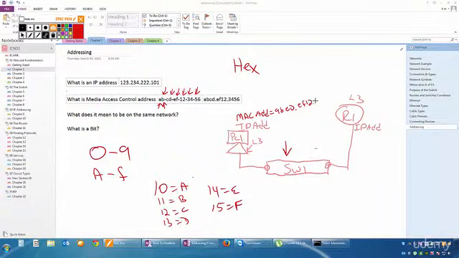If this is the MAC address number of this PC, then when the PC sends data trying to reach router 1, this switch will record this MAC address and put it in this MAC table. And there it will sit.